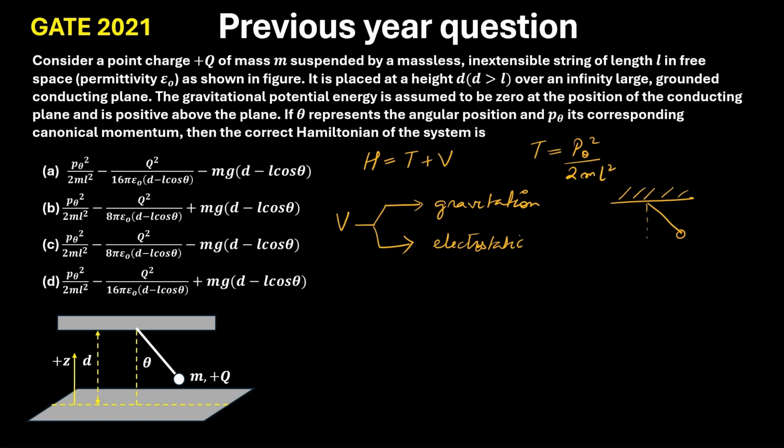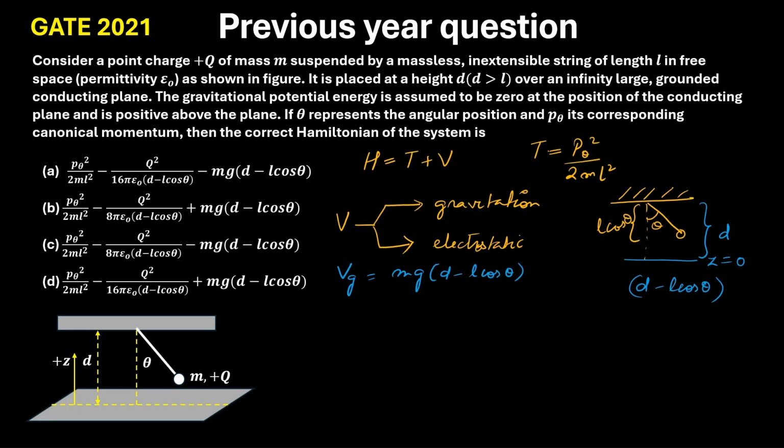Suppose it is at an angle theta here, then this distance will be L cos theta, and the gap is D. So the height from z equals 0 will be D minus L cos theta. So V from gravitation will be mg (D minus L cos theta).